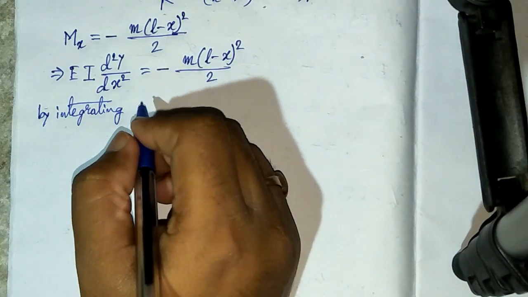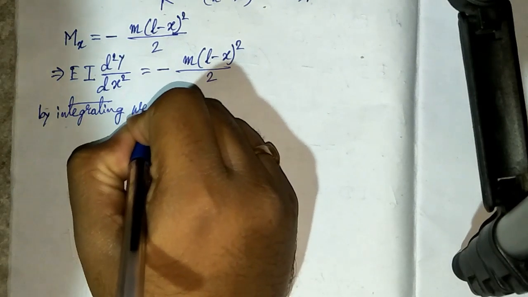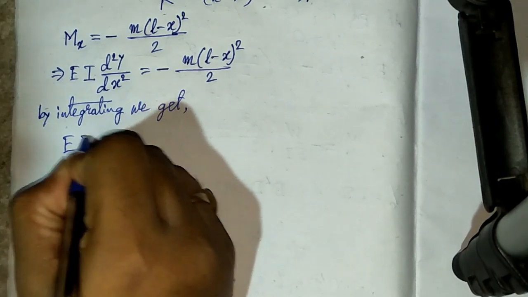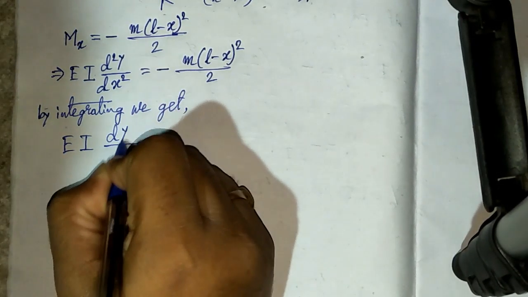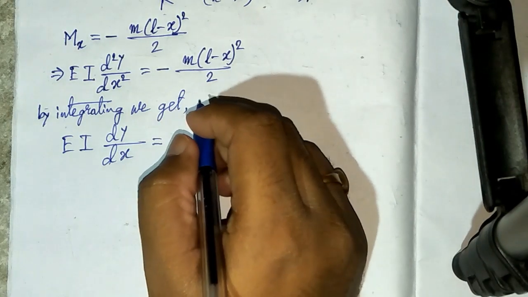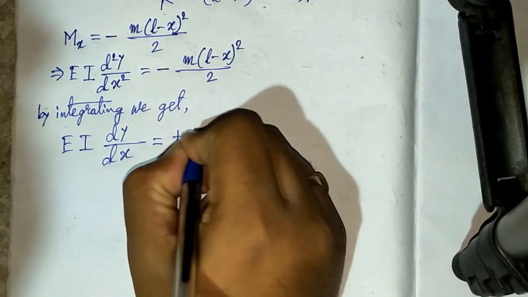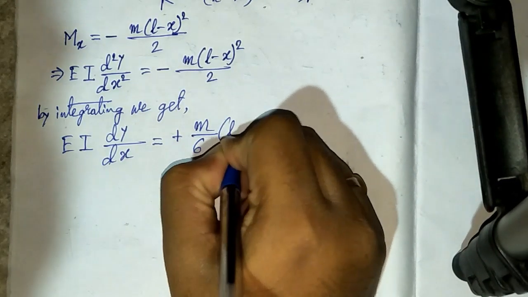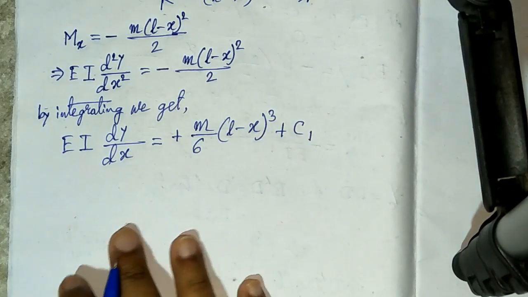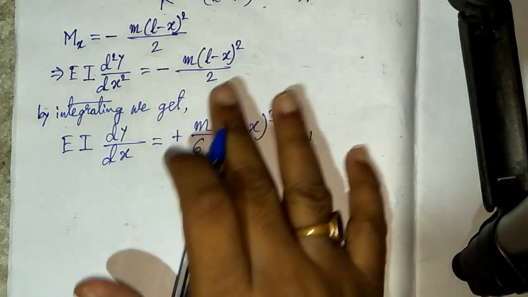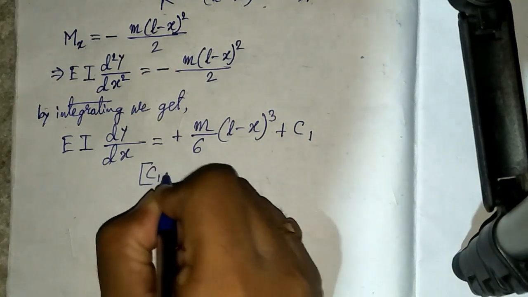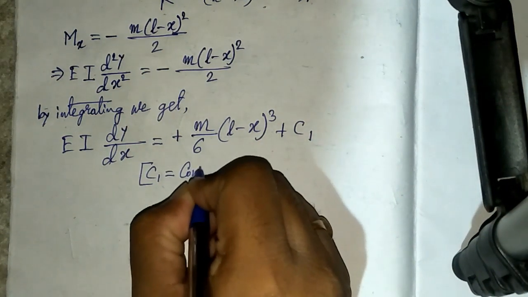By integrating, we get EI into dy by dx equals plus w by 6 into (L minus x) cube plus c1. After integrating the above equation we get this form, and this c1 is the integration constant.